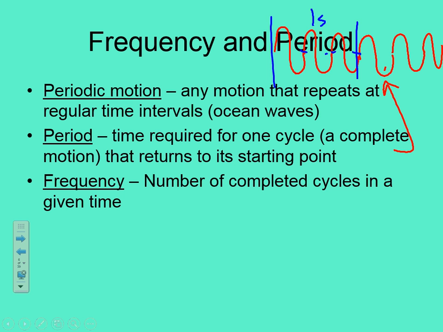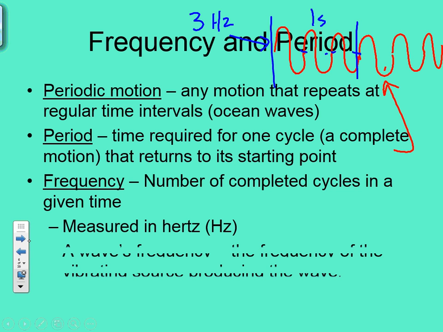Now frequency has a cool unit. Frequency is measured in hertz. So if this wave goes up and down 3 times in 1 second, the frequency of this wave in the blue box is 3 hertz. So that's the frequency of the wave, how often it goes up and down in a given amount of time.